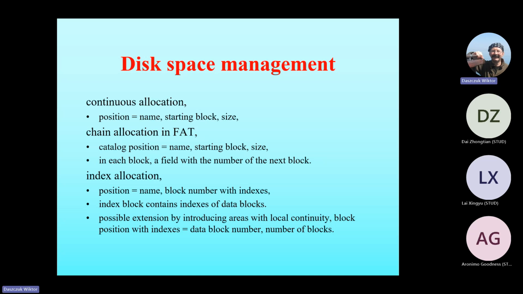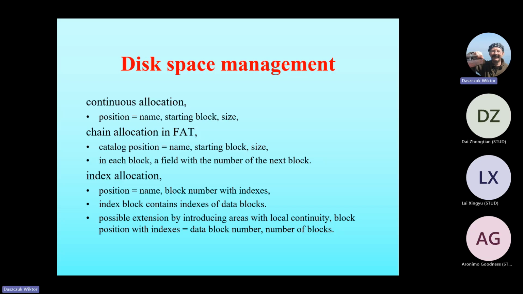Chain allocation is arrangement of a map of all blocks on a disk. Those blocks are allocated to files, and a chain is arranged among them to show where the file is on the disk.